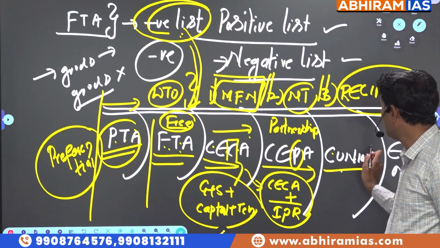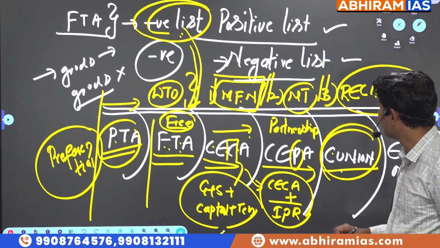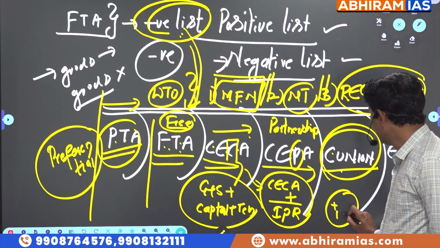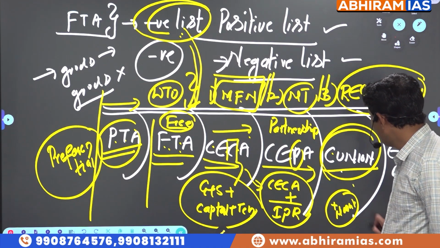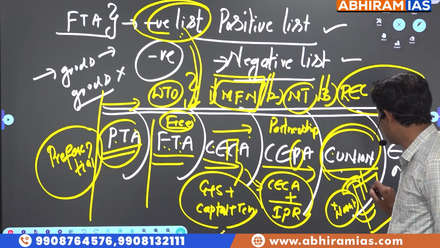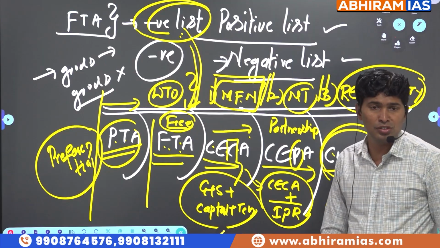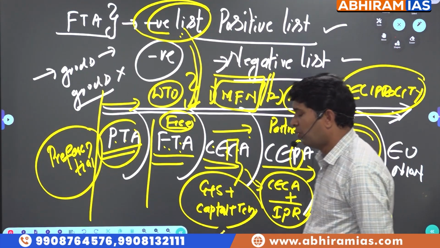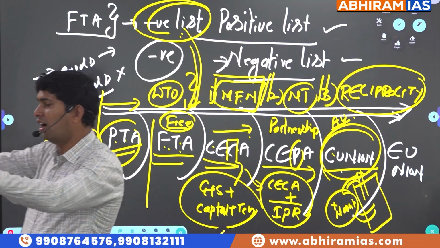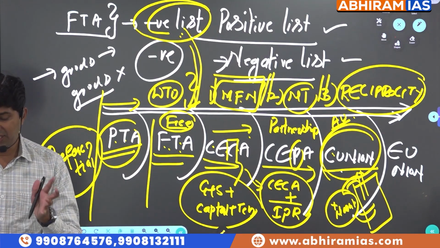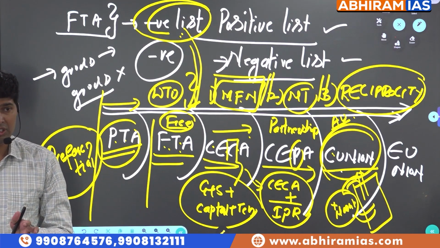Then Customs Union. Customs Union means a group of countries, among them there are no duties. For the rest of the world, they are deciding common duties. That's why that is called Customs Union. See, African Union is an example for this. What is this African Union? Among the African countries, duties are zero. And African countries are trading with the rest of the world.